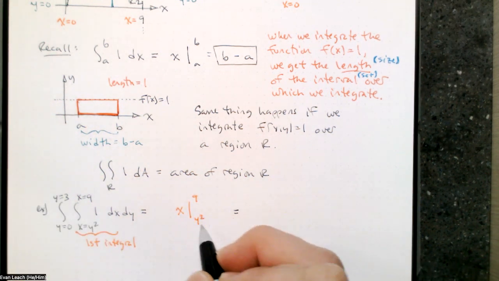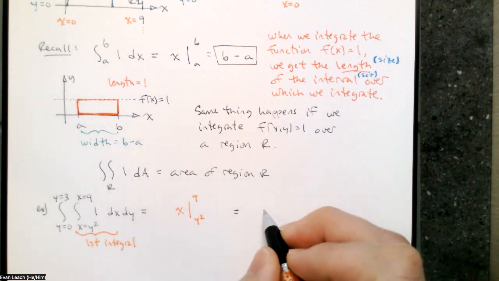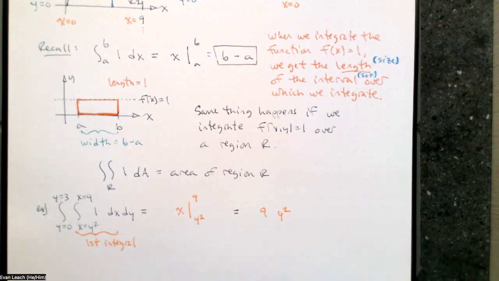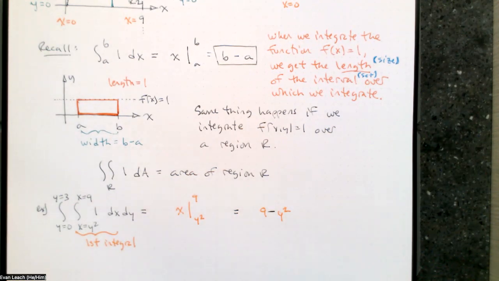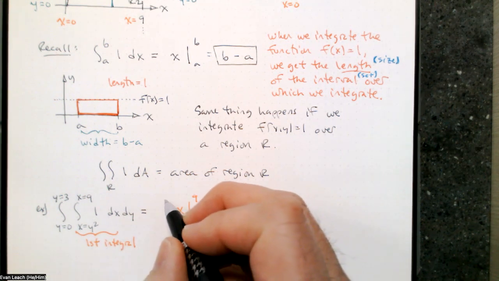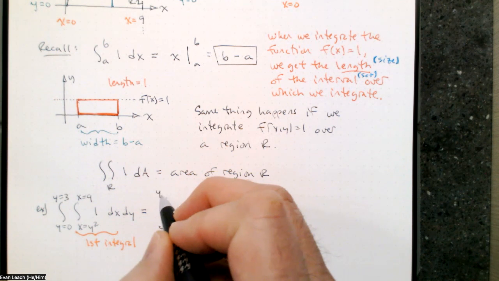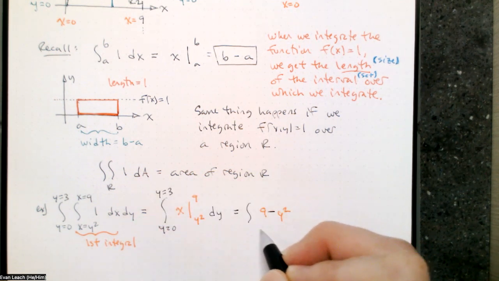So we plug in the 9, we plug in y squared, and subtract. Now, this was just that first integral, the dx integral. We haven't done anything with the y integral. It's just sitting there, waiting to be calculated.